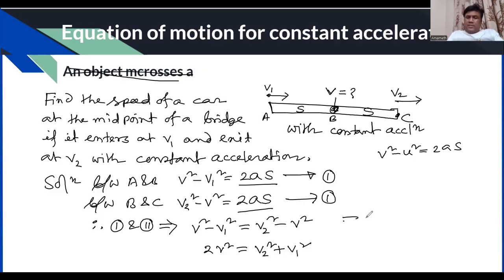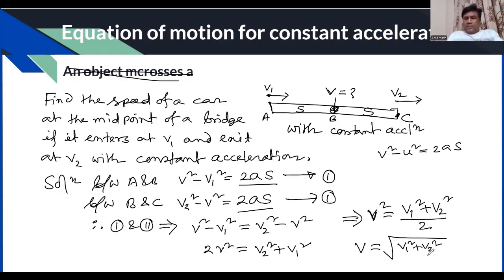So V square is equal to V1 square plus V2 square by 2. So V equal to what? The speed at the midpoint. That is an interesting question.